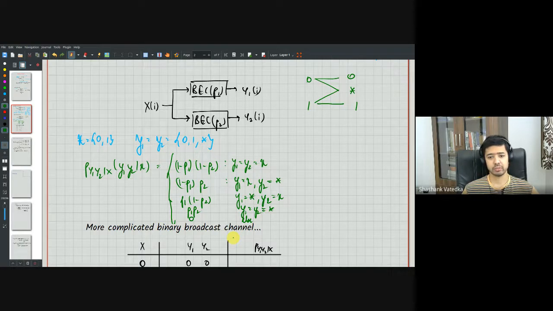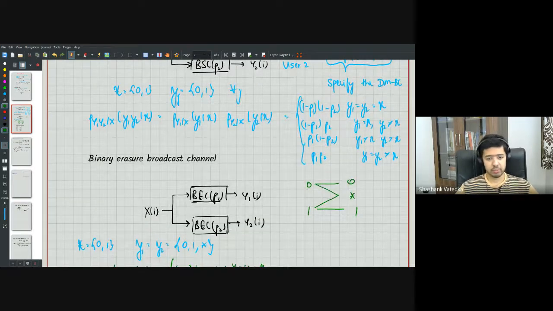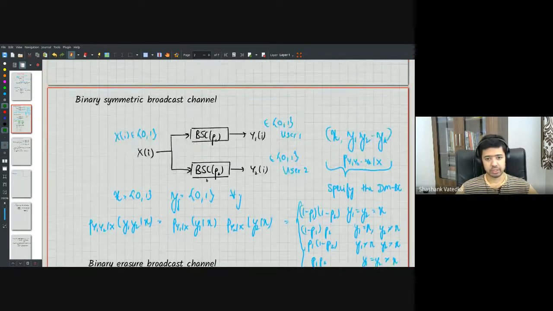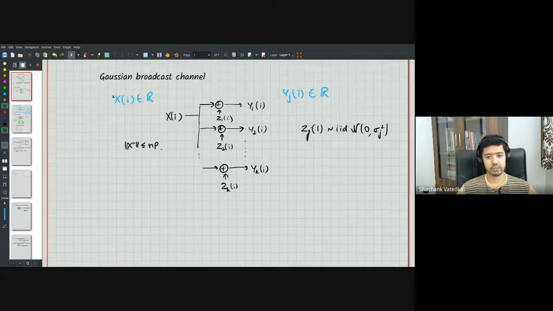These three examples we've seen, the binary erasure broadcast channel, the binary symmetric broadcast channel, and the Gaussian broadcast channel, are all examples where, conditioned on x of i, the y_j of i's are all independent.